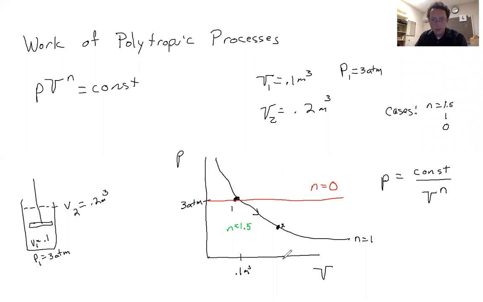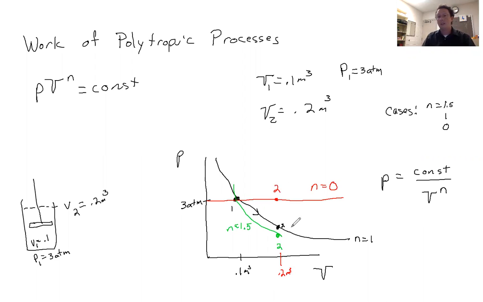So all of the final states have to live there. So there's state 2 on the green curve, and on the red curve, it would be here. Because I know the final volumes are all equal to 0.2 meters cubed, and I have to look at the function here to see that you get different final pressures.